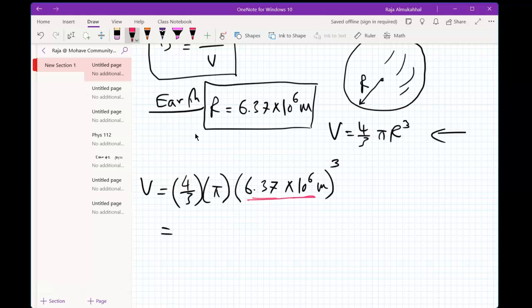So that's what I'm going to do right now. 6.37 to the power of 6, and then I'm going to cube it, which means I can multiply it by itself 3 times, or I can just do the power of 3. The answer, if I look at the calculator, is a big, big number. Let me write down exactly the number that is shown on the calculator.